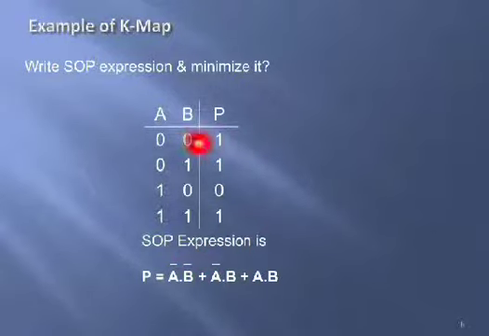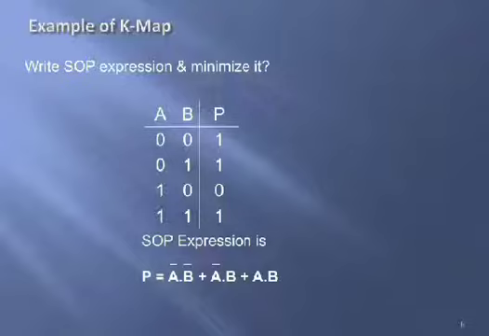So for 00, that means A bar B bar, for 01, that means A bar B, and for 11, that is AB. For all these input combinations you are getting the output as 1, and you write those product terms and OR them, so that this expression becomes the SOP expression for the given truth table. This is the standard procedure of writing the standard SOP form.